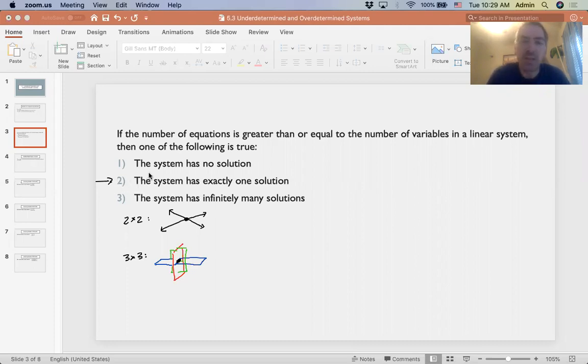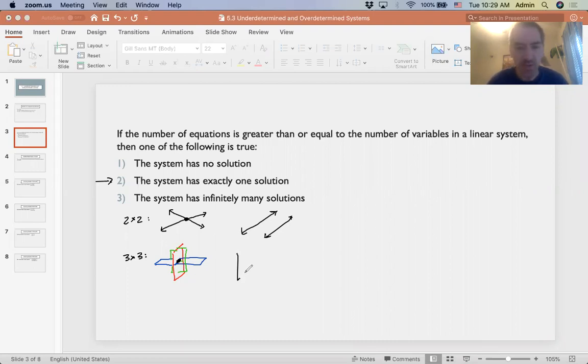Now, what if a system had no solution? What would that look like? Well, if we had 2 lines that are parallel, they never intersect, and that would be a case where the system has no solution. We could say the same thing about the 3 by 3.